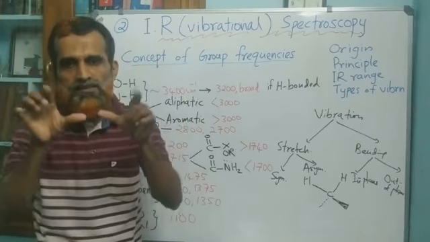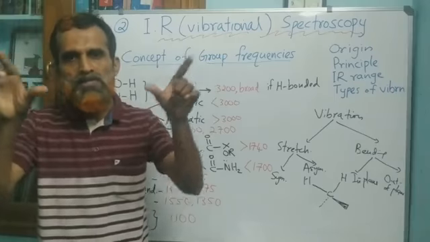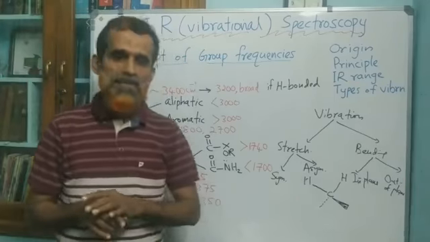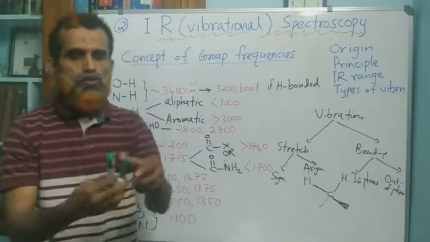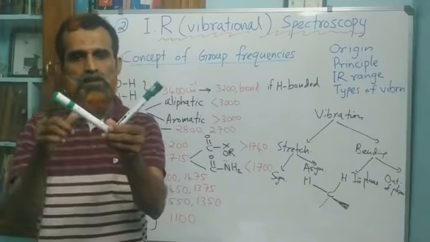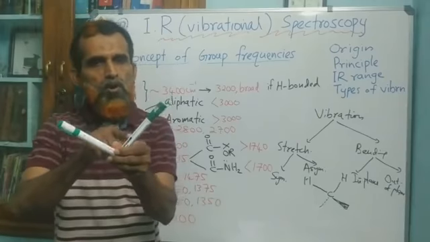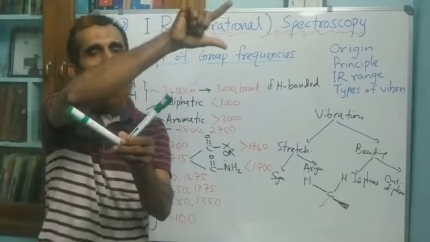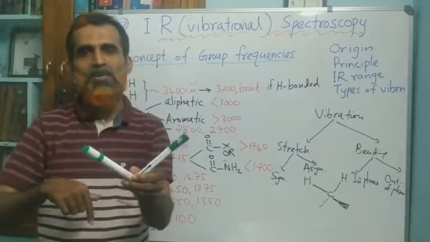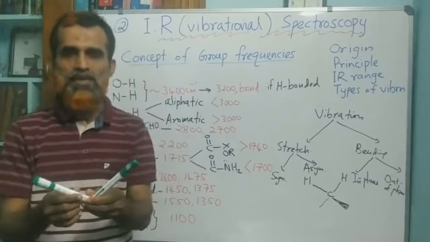This kind of vibration is called symmetric stretching. Another is asymmetric stretching, that is, of these two CH bonds, one bond is elongating, meanwhile the other is contracting, and then this is elongating, that is contracting. That way also it can happen.